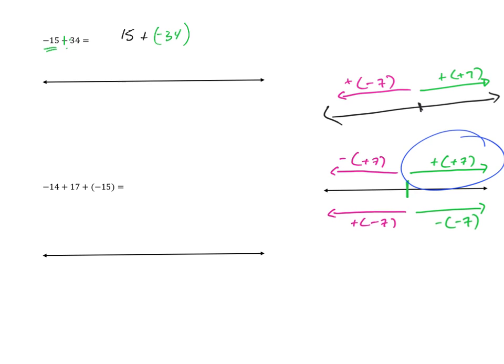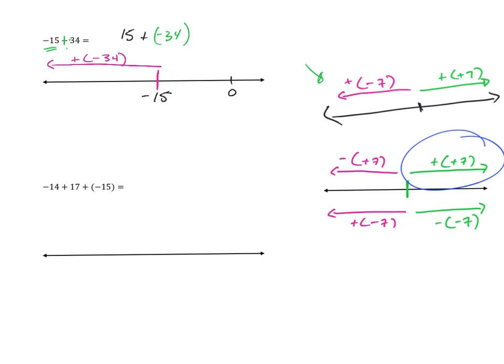Okay, well, if I'm adding a negative, that's right here. So if I'm adding a negative, I'm going to go to the left. So here I am. I'm going to add negative 34. Now, just so happens that I'm starting at negative 15, which means zero's over here on the right.